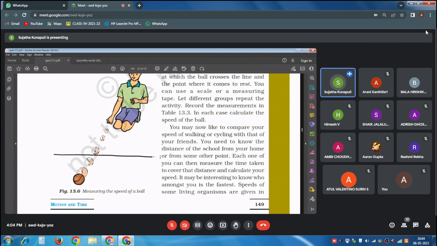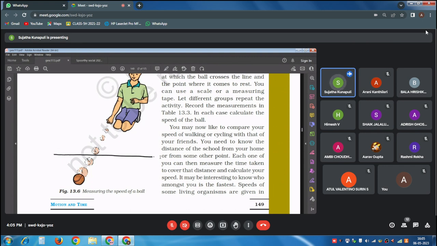That rolling of the ball will depend on conditions. If you roll the ball with a greater force, then it will go at much more speed and travel more distance, right? The ball will travel a much longer distance.